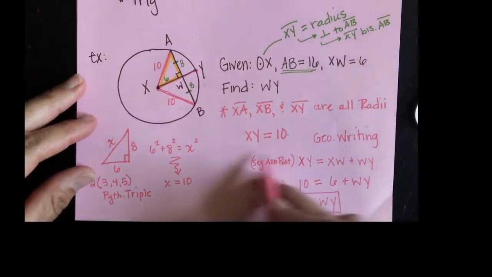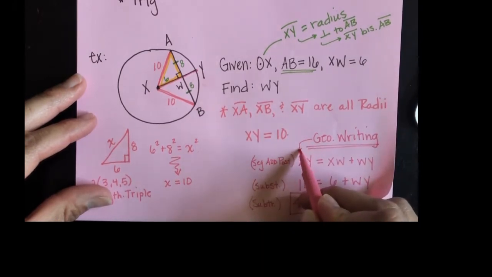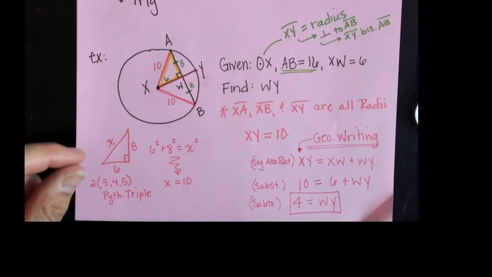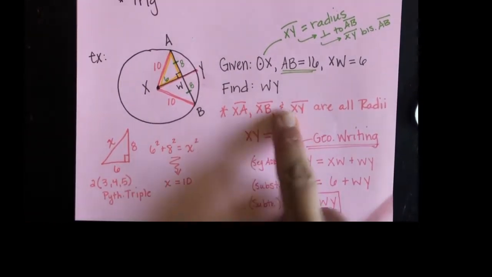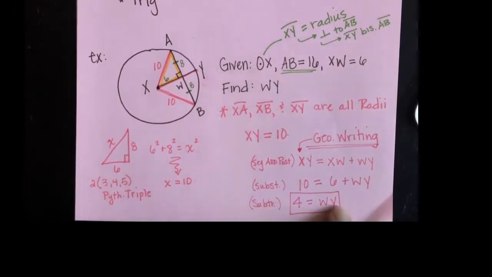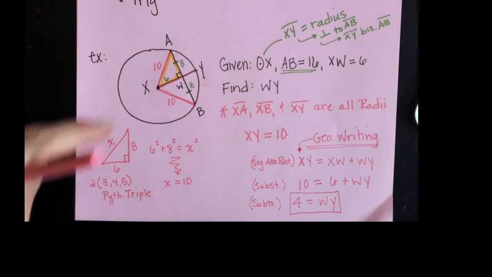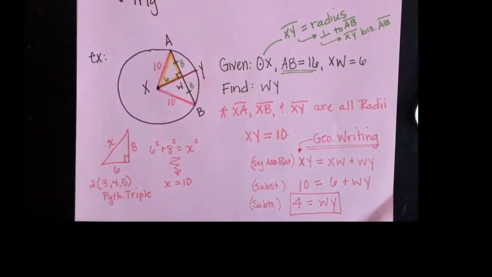But I said, let's review some. Let's go back a ways and see what we can remember from past chapters. So we did. We incorporated the transitive property, we substituted, and we subtracted to solve. The big idea here was drawing in our own right triangle so that we could solve and subtract.